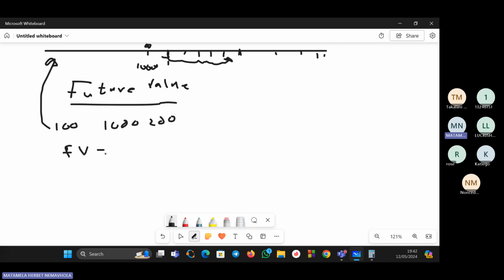I gave you the formula of FV is X, whereby this value of X is going to be 1 plus R to the power N, or we can use T as number of years, to the power T, minus 1, over I, or R.